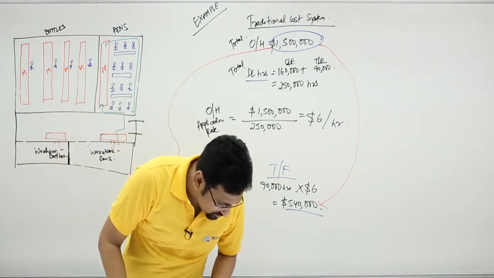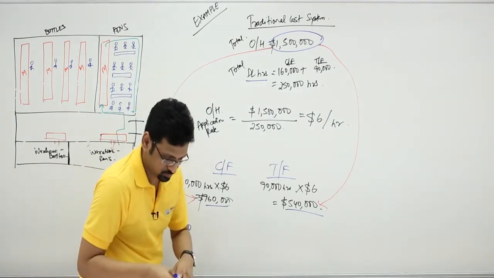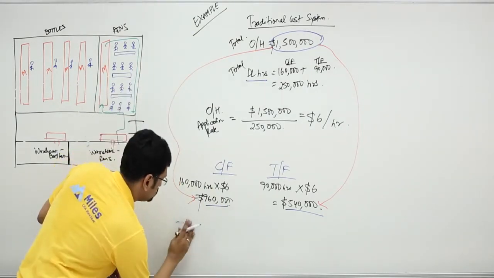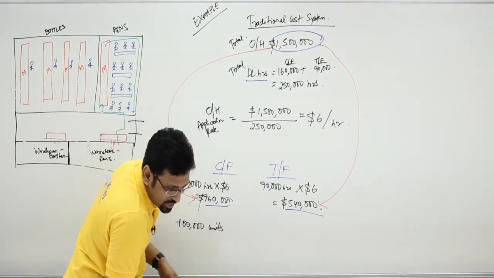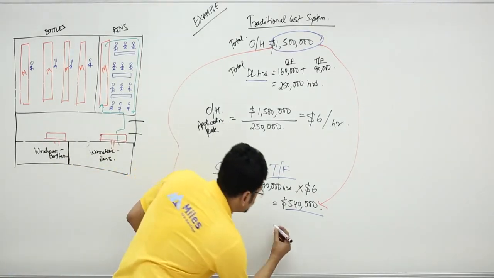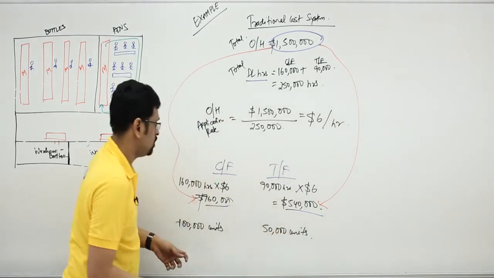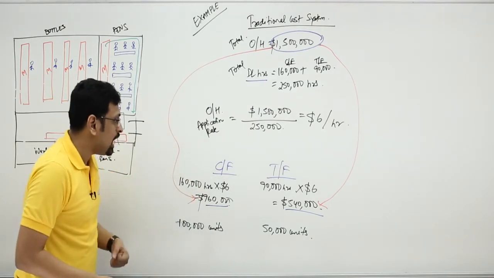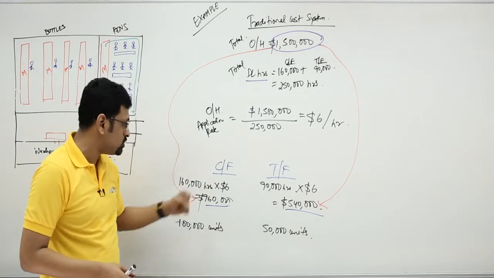Now it says ceiling fan, they've produced 100,000 units, and table fan, they've produced 50,000 units. So $960,000 of overhead got applied to 100,000 units of ceiling fan.